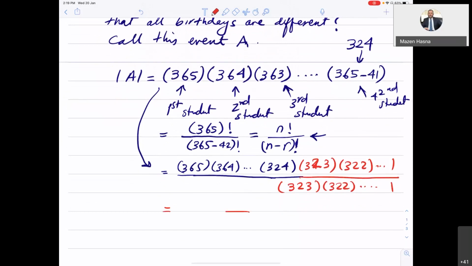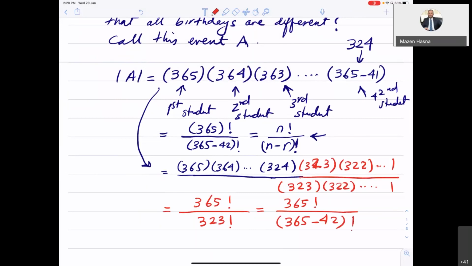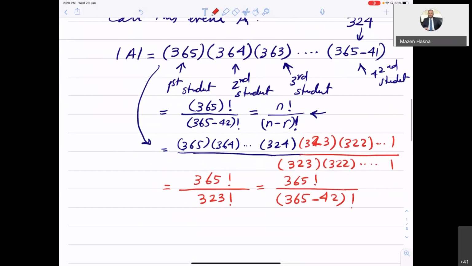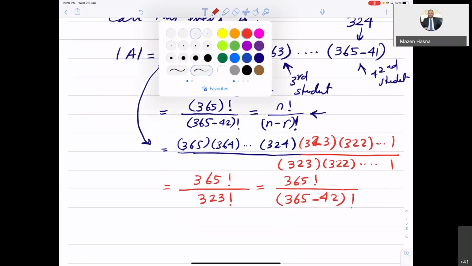So this is 365 factorial over 323 factorial. And 323 factorial is 365 minus 42 factorial. Amazing, do you agree? Yes, perfect. Thank you. Now it makes sense.